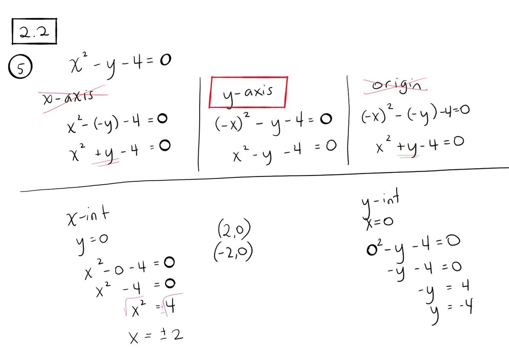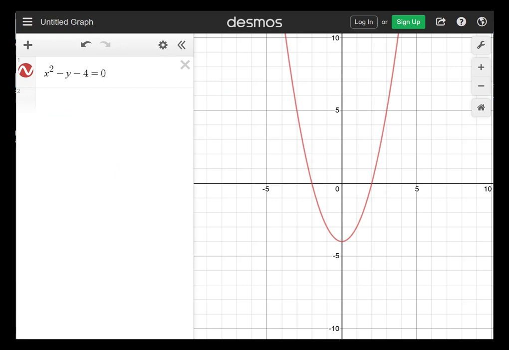So my y-intercept is 0, negative 4. Here is a graph on Desmos.com of the equation x squared minus y minus 4. As you can see, it has the intercepts at 2, 0, and at negative 2, 0, and at 0, negative 4. And you can also see that, visually speaking, it looks like it has y-axis symmetry.